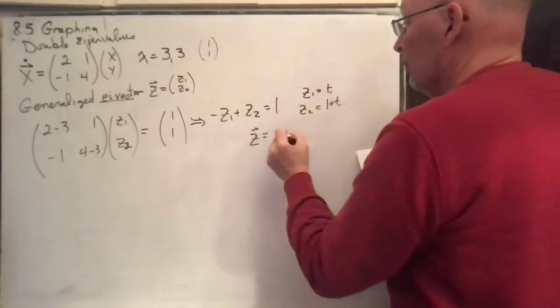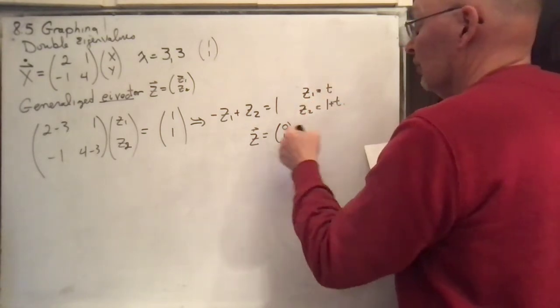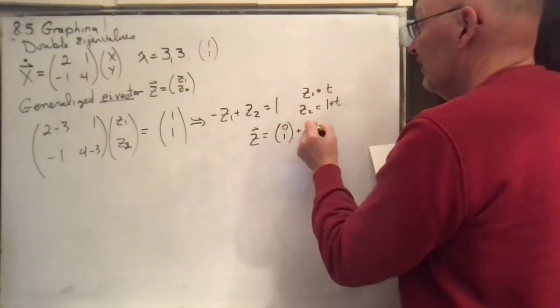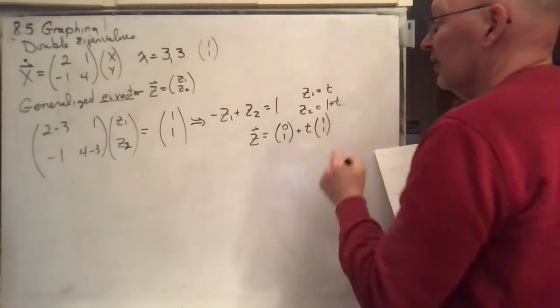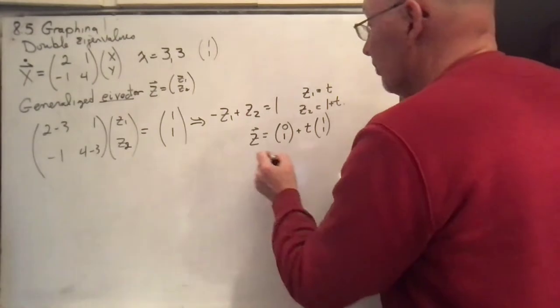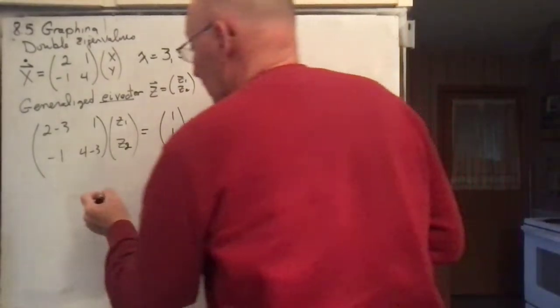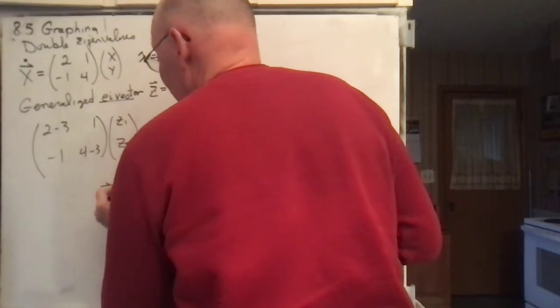I'm going to break it up and write it as the vectors 0, 1, that's the part without a t in it, and then t times 1, 1. And so this is my generalized eigenvector right there.